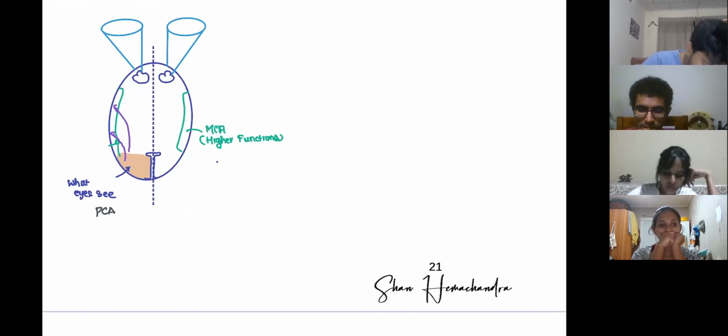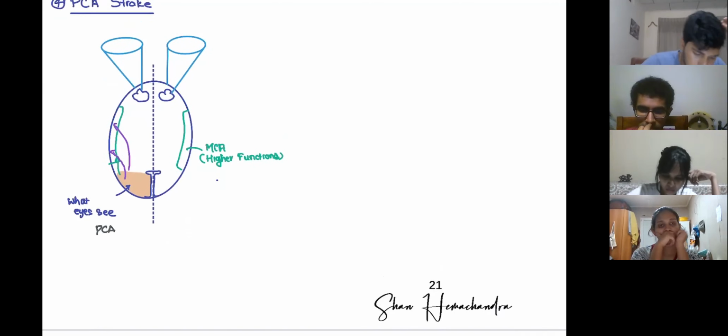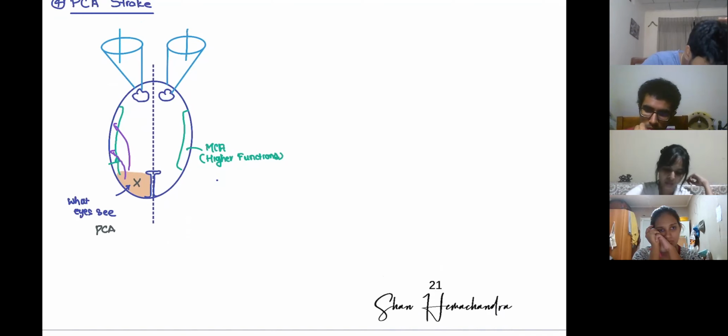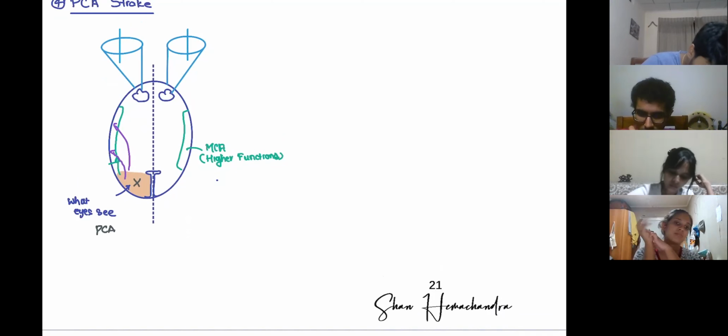Okay, that means image processing happens in those areas. So if there's a stroke in this area, what happens to your vision? We will discuss this in another class.